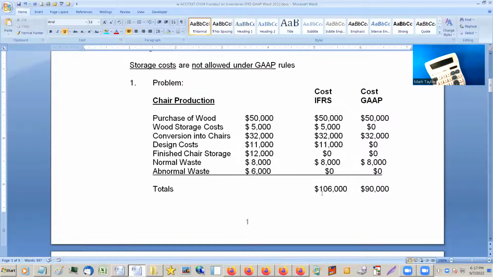Okay, so this would be the difference between these two. So this would be the IFRS, and this would be the GAAP. Okay, now that difference is what? 16,000? So the question is, what happens to that difference?